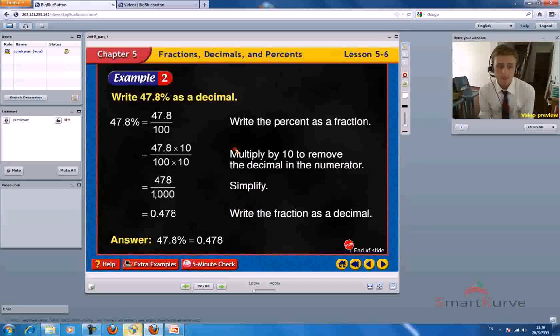A popular amusement park reports that 17% of its visitors will return at least 3 times during this year. Write 17% as a decimal. 17 per 100, 0.17. The decimal moves to the beginning of the number.